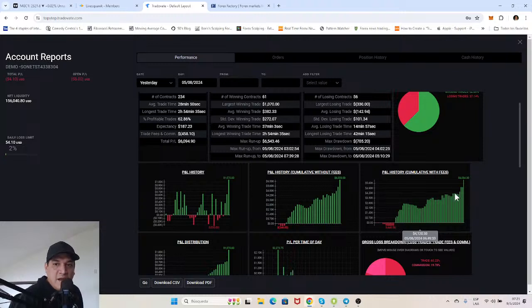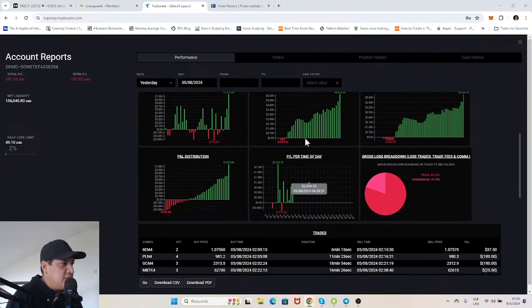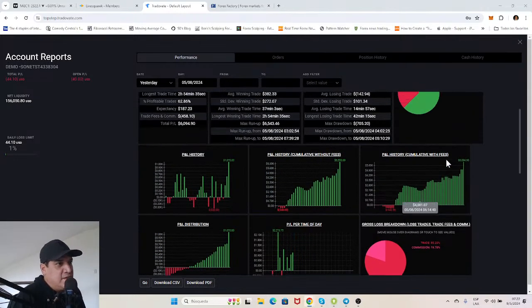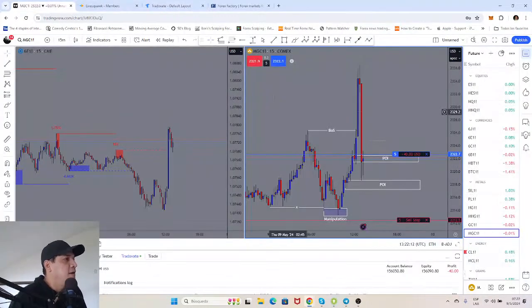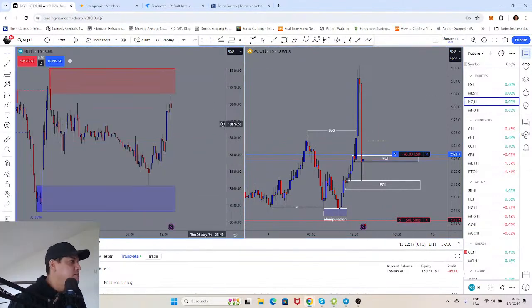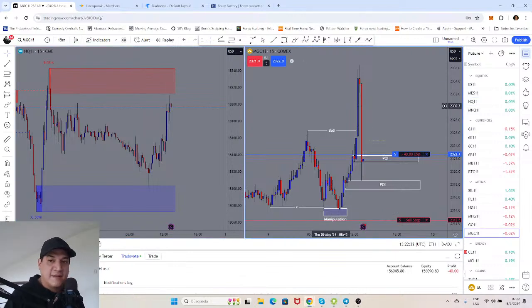Seriously, if you're considering getting funded, you should, man. And this is my P&L distribution. Pretty cool, right? This is not real money yet, this is still my account getting funded. But I will get funded eventually, right? There's no doubt about that.